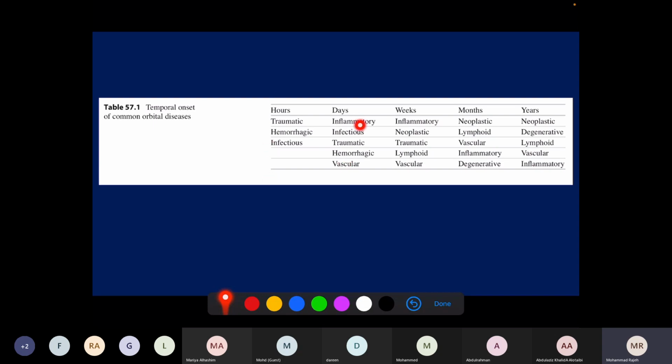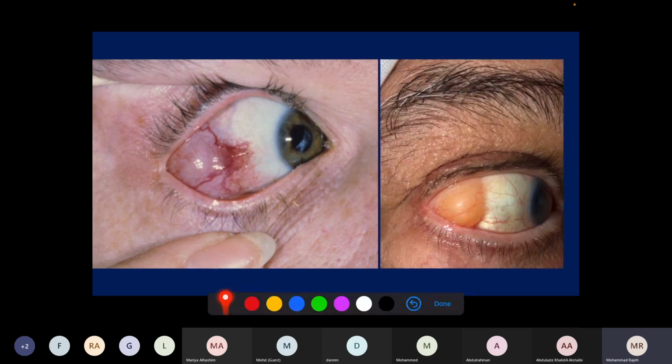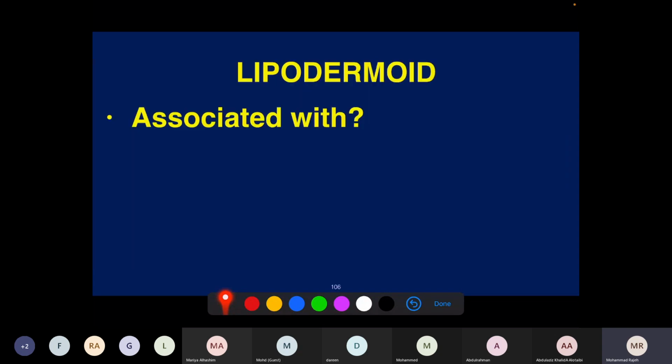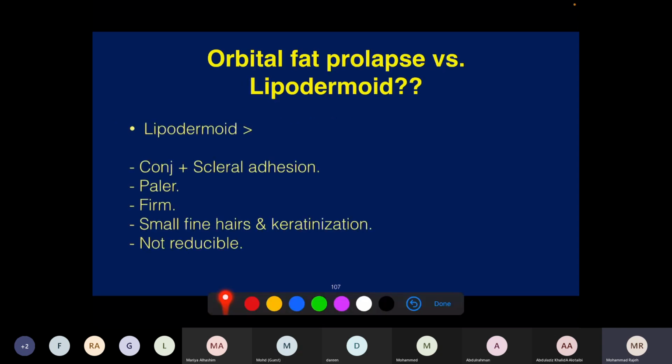However, days you have inflammatory, infectious, weeks, neoplasm comes into place, and so on. Again, another common question is lipodermoid and fat prolapse, and the association of Goldenhar with lipodermoid. This is the way to differentiate. It's commonly asked.